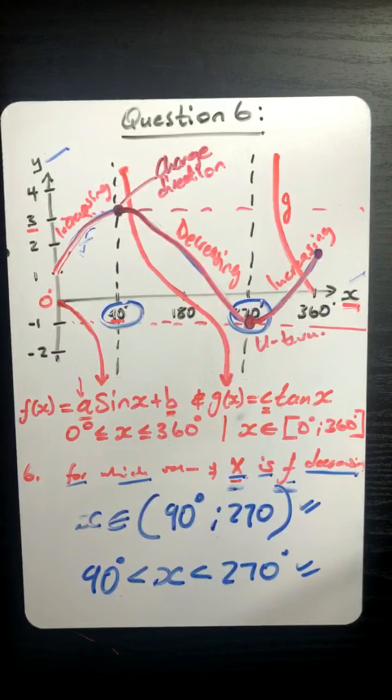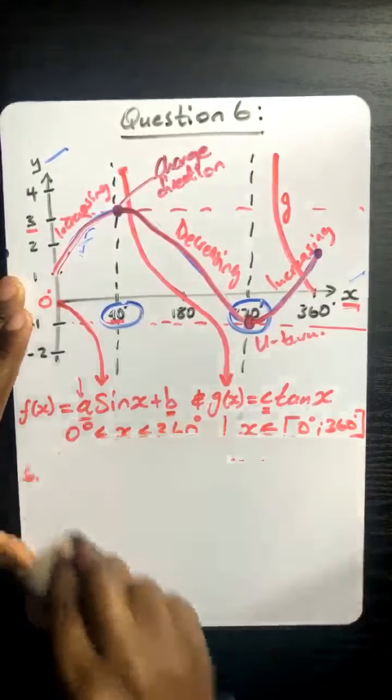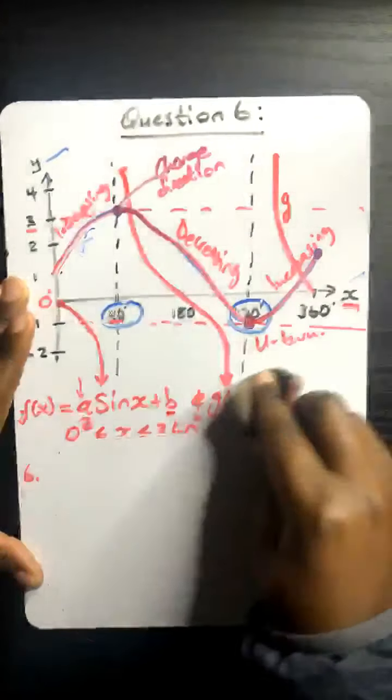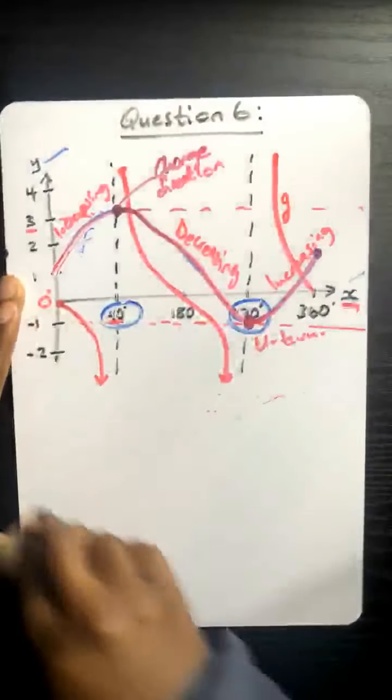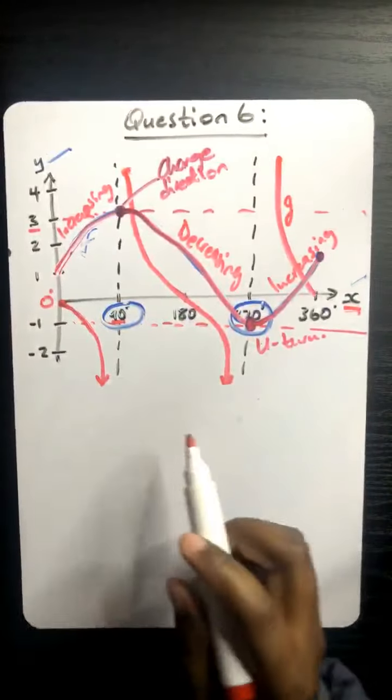Oh, in an amplitude, is it always a whole number or can it be a decimal or a fraction? A very good question, Hamisa. Let me answer that by making use of a formula. What I like about the formula is that it's going to give you exactly what you need.